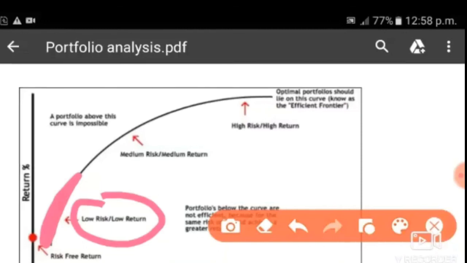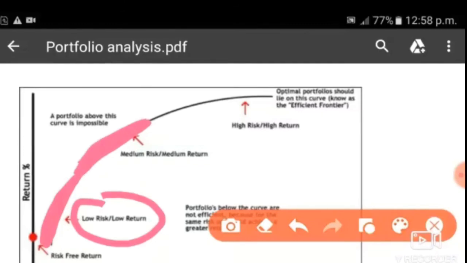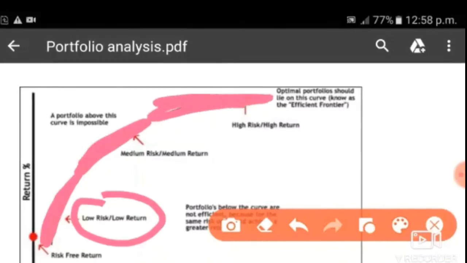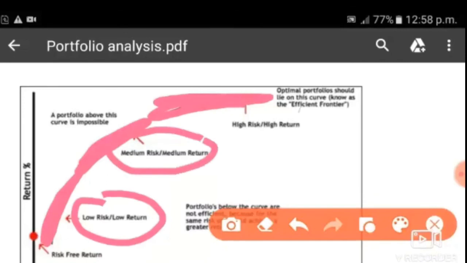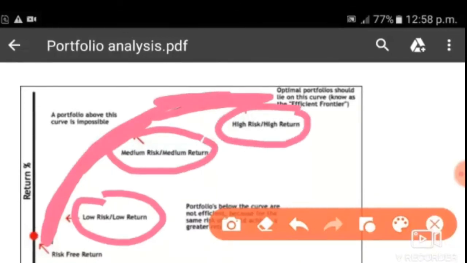An investor with medium risk tolerance will choose a portfolio from this space, and a high risk taker would choose a portfolio from this place. So all efficient portfolios, and the optimal portfolio also, lie on this frontier, and the investor can choose the optimal portfolio from the efficient portfolios based on his risk-return characteristics.